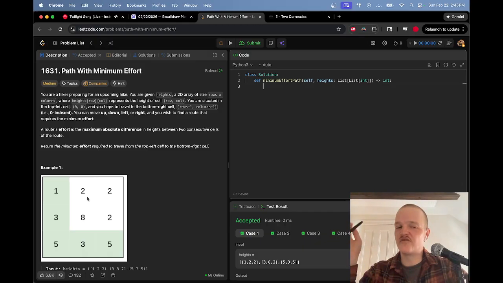But we're not looking for the minimum length path from the top left to the bottom right. We're looking for the minimum max absolute difference on the path. So here, like 1, 3, 5, 3, 5, we never exceed 2. So the answer there would be 2, as opposed to like 1, 2, 2, 2, 5.